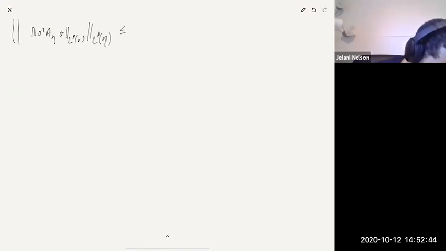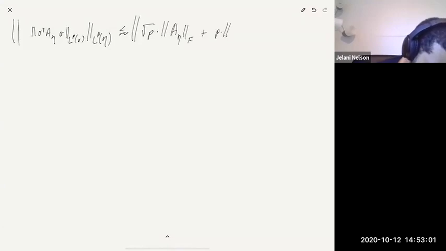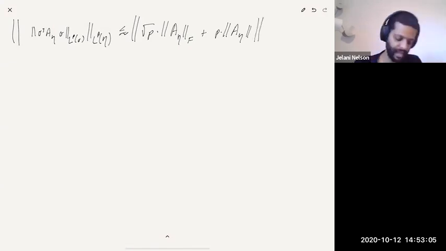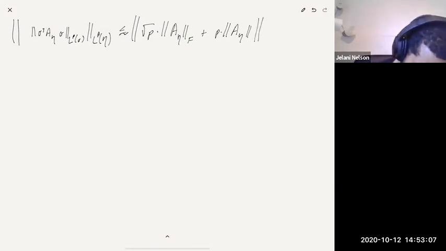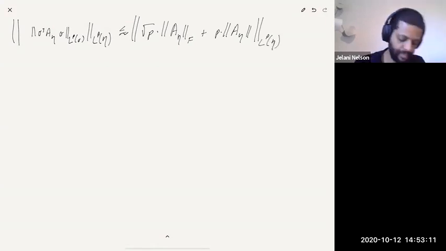So this is at most, up to a constant by Hansen, root P times the Frobenius norm of A eta plus P times the operator norm of A eta. And then take the L_P norm over eta, the randomness over eta.